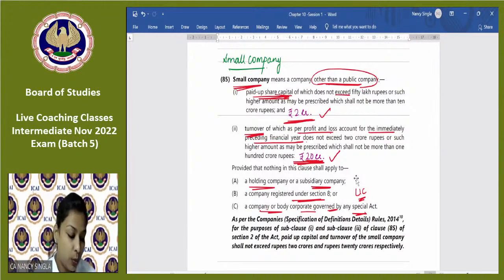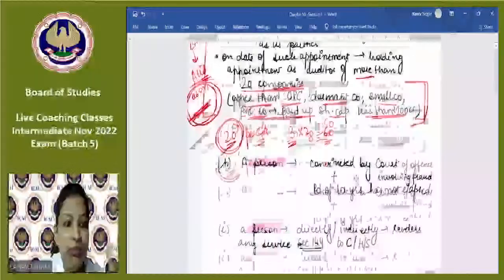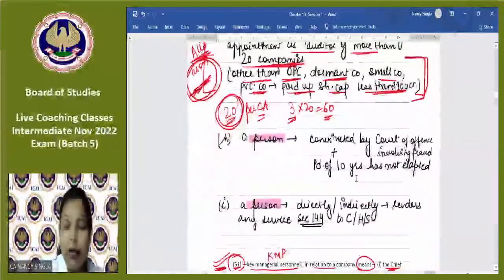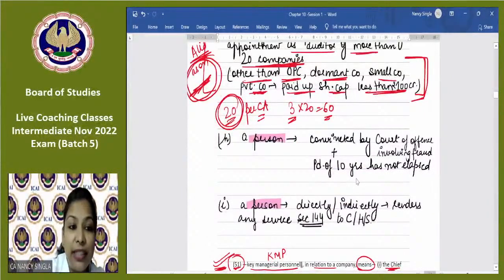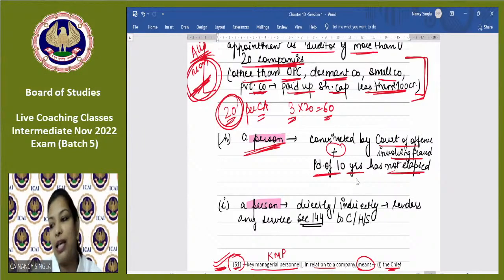So now we'll be starting with clause H. A person is ineligible to be appointed as an auditor of the company if that person is convicted, that is held guilty by the court, of an offense involving fraud, and a period of 10 years has not elapsed.